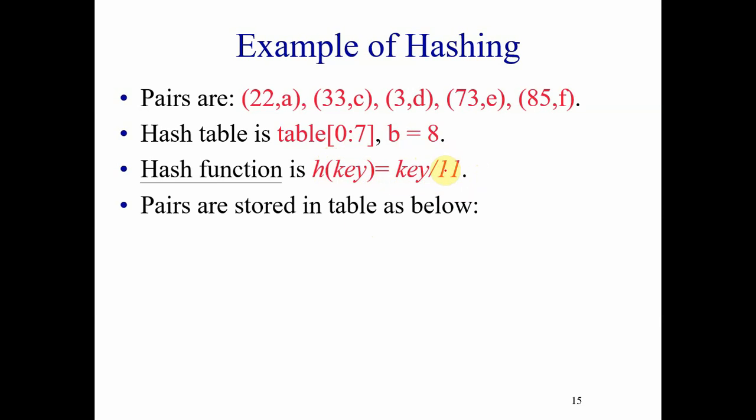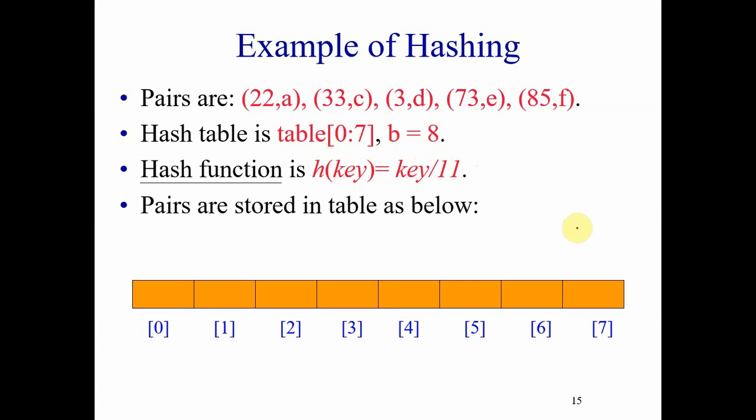So with this, you can imagine that the bucket, or the hash table, will be organized like this. 0 to 7 as the index or the bucket location. Take a look. 22 divided by 11 will give you 2, and then the key value pair will be placed here. 33 will be placed here for the location of 3. And for 3, divided by 11, it gives you 0.